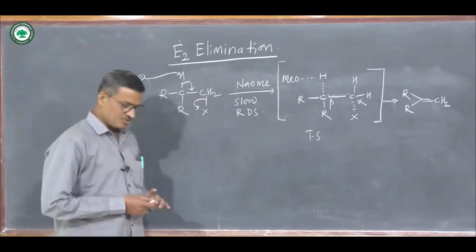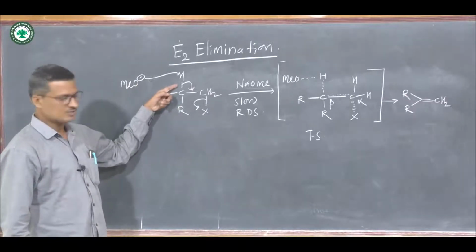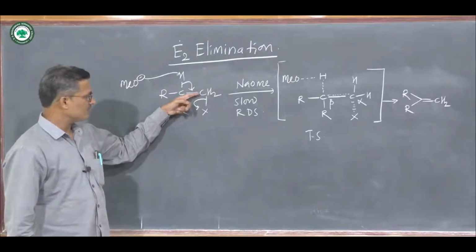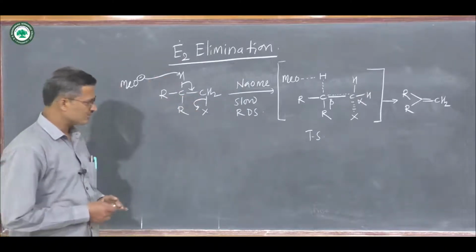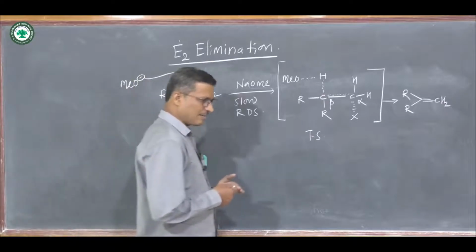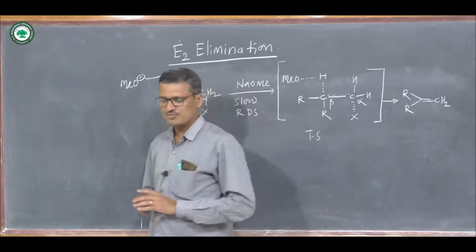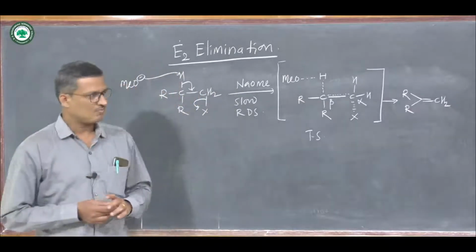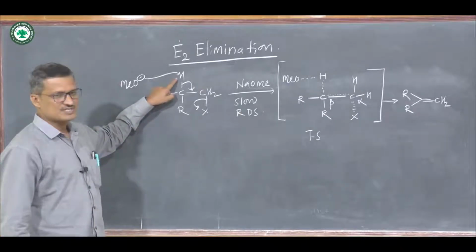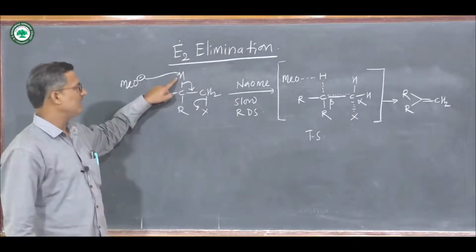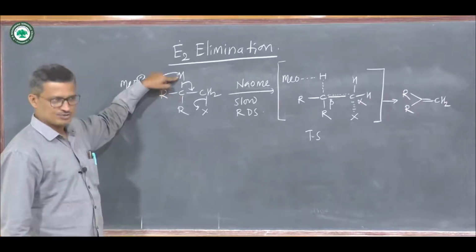So we remember where this energy comes from to break the bond between beta carbon and hydrogen, and the bond between alpha carbon and leaving group. Here we see what happens when the base abstracts the proton: the bond between the base and hydrogen is formed, and when a bond formation takes place, energy is given out, and this energy is used to break the bond between beta carbon and hydrogen.